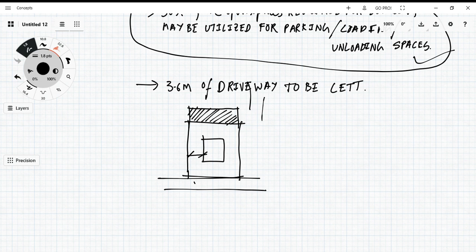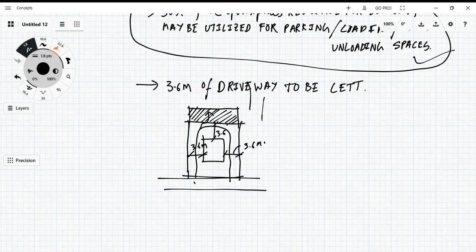At minimum I have to leave this driveway area as 3.6 meters, so that a vehicle can move and go here and park, and if needed get back. So minimum 3.6 meters all around you should leave. You have to leave this 3.6 meter space, then only you can provide parking. You can't simply say that I'll provide parking space here. First you should have the mandatory open space, then only you can do it.